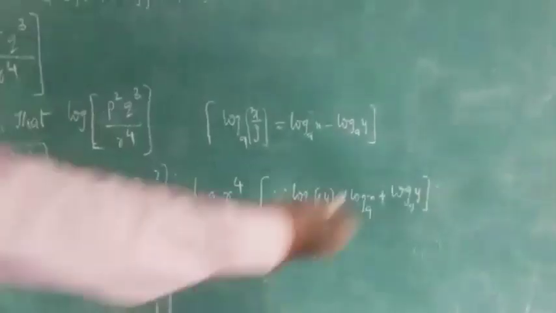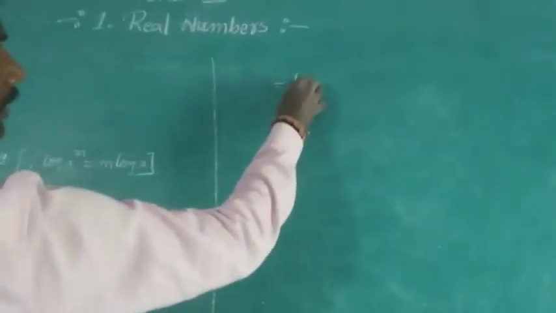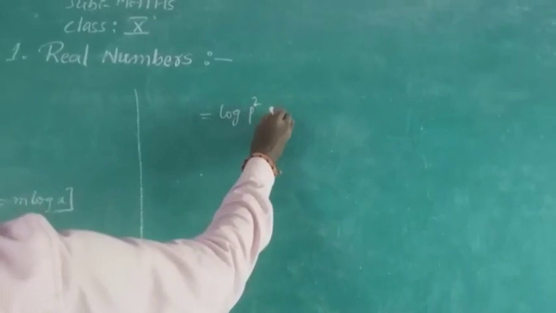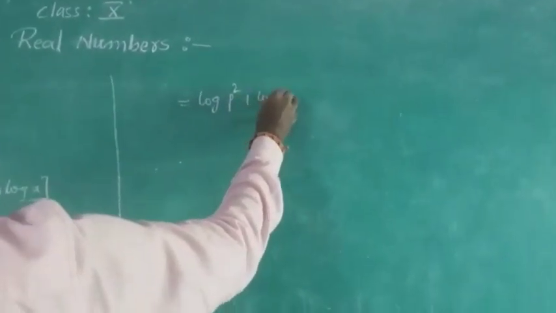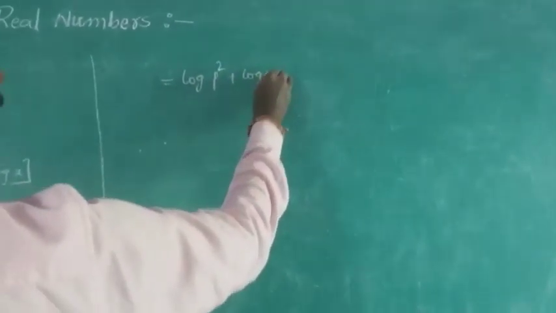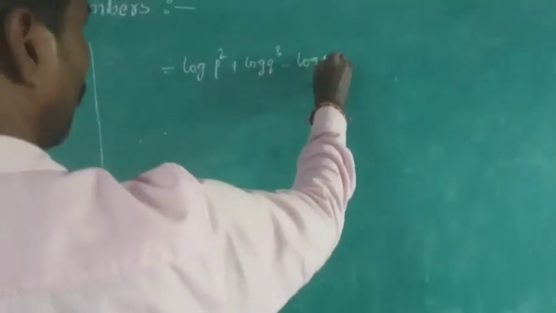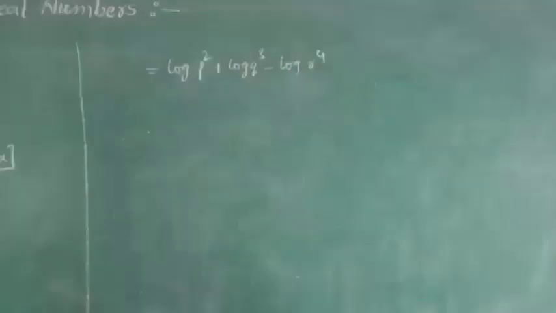Then this I am writing there. You can understand clearly. Repeatedly I am writing log p square plus log q cube minus log r to the power 4.